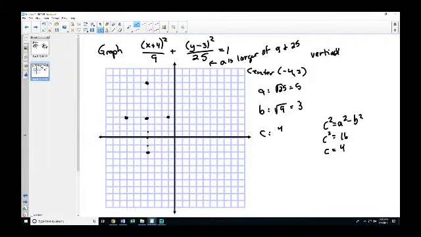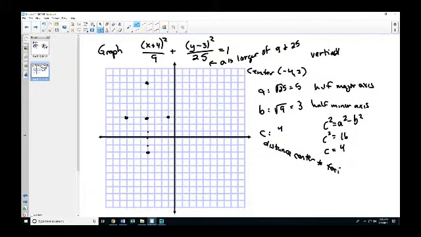So A is your half major axis and B is half of the minor axis. Okay. C is the distance from the center to the focus. This point.